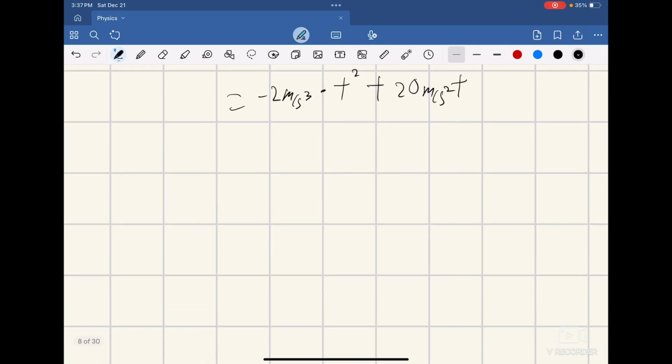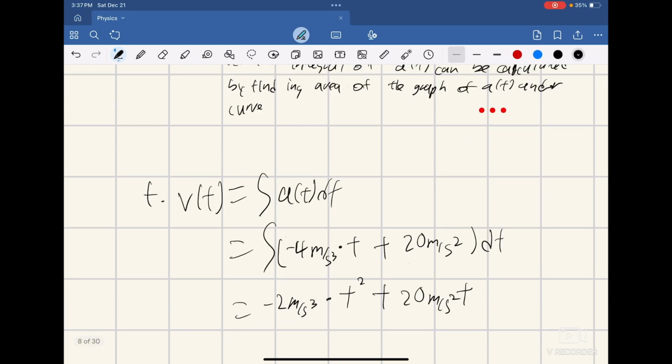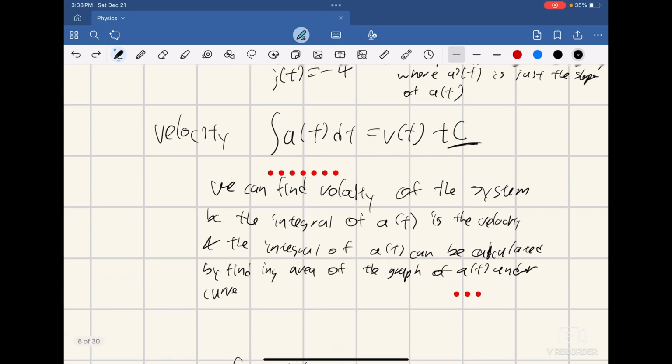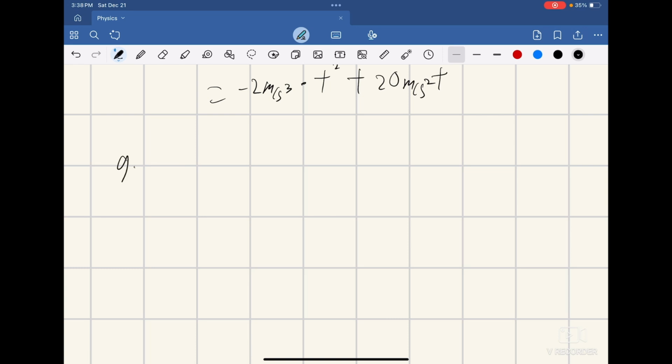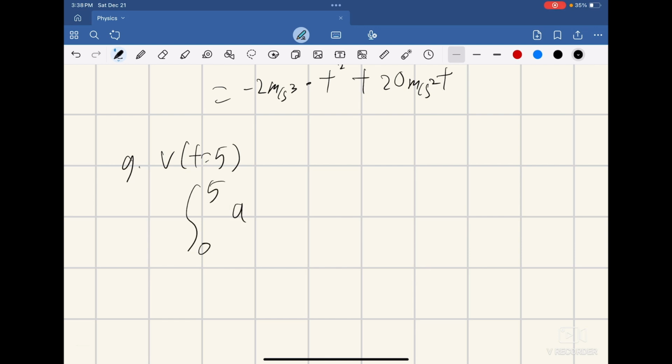Alright, for part G, we are asked, using the known information that can be extracted from the a-t graph, so this thing right here, to find the velocity at t equals 5. So what we know about v at t equals 5 is that the integral from 0 to 5 of a of t dt is equal to v of 5 minus v at 0, right?